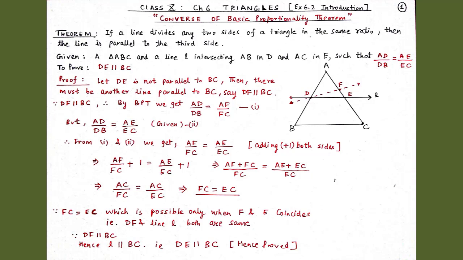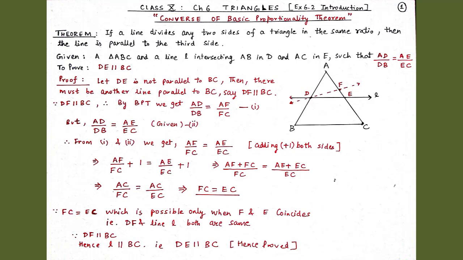Now since DF is parallel to BC, by BPT we get AD upon DB is equal to AF upon FC. So this is our equation number 1. But as you all know, the given condition is AD upon DB is equal to AE upon EC, and this is the second equation. So from the first and second equation we get AF upon FC is equal to AE upon EC.